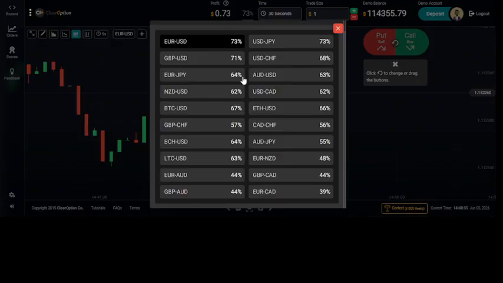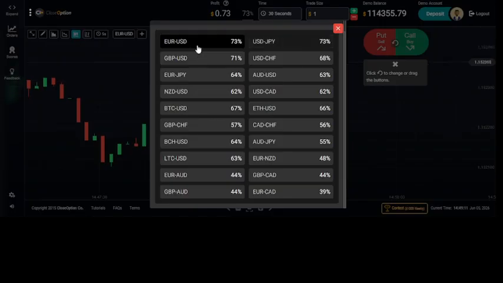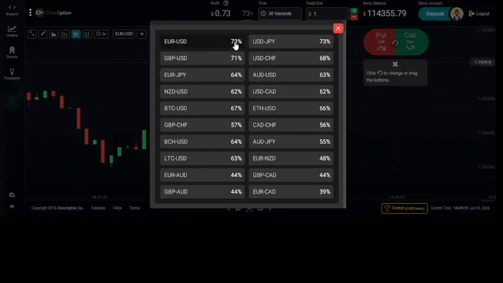They have the regular currency pairs like Great British Pound, Swiss franc, but they also have crypto. They have Litecoin, Bitcoin Cash, and Bitcoin and Ethereum as well to trade. We're going to be focusing on Euro USD because it has the highest payout rate here at a 73% rate of return.